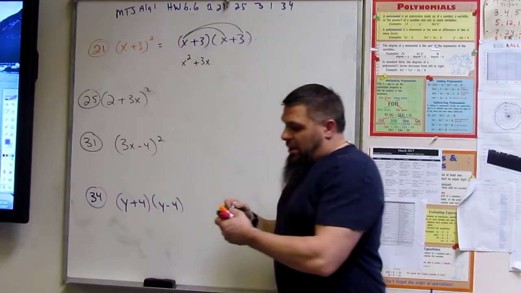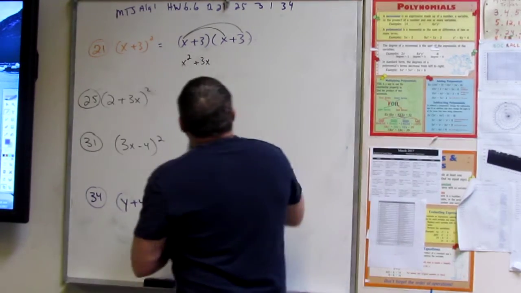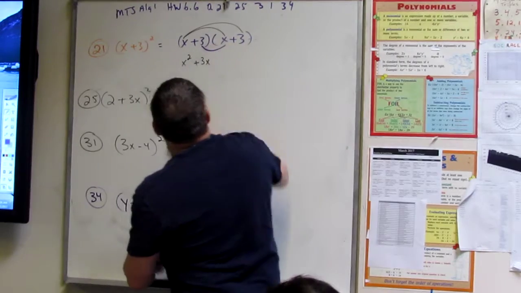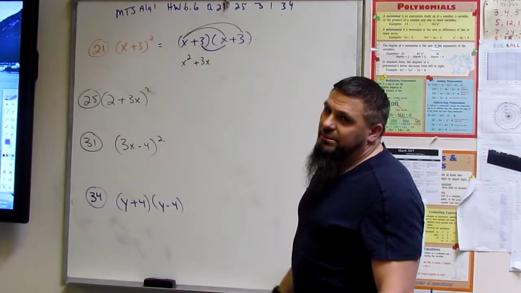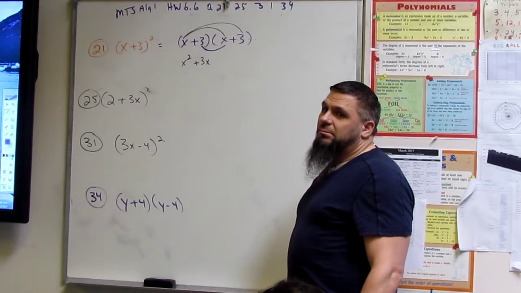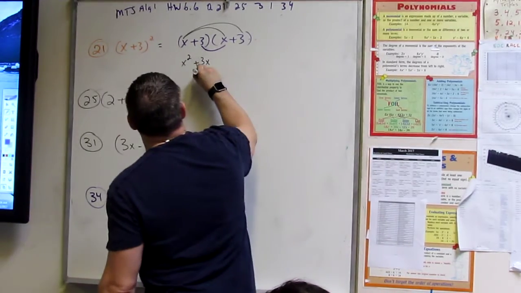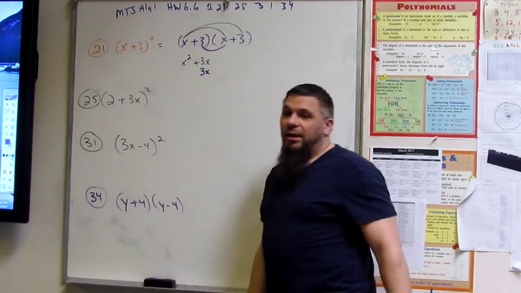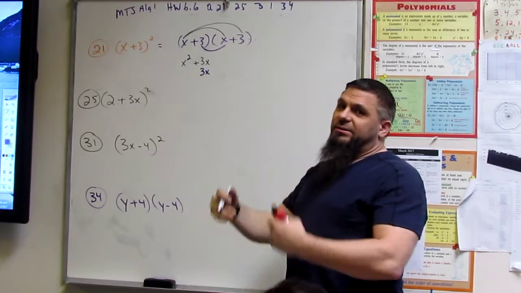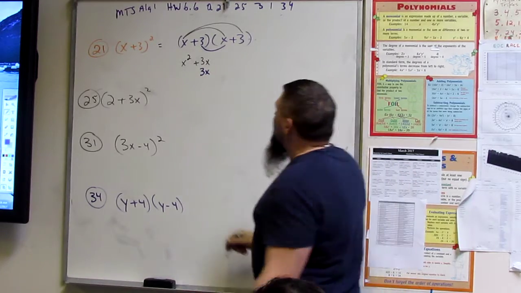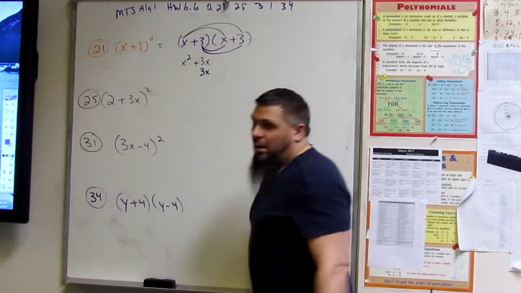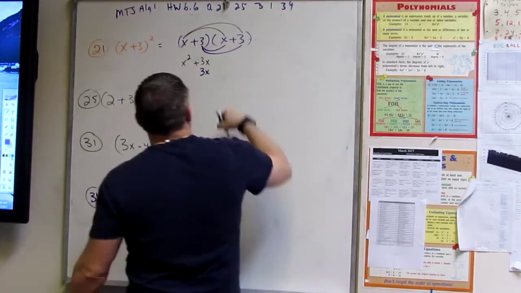Okay? And then clamshell means I gotta go down below, right? So then 3 times x? 3x. And that goes in the x column, right? Remember we taught you this? Keep them in the columns. And then 3 times 3? 9. Okay?